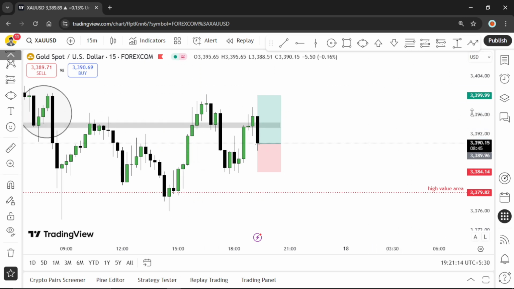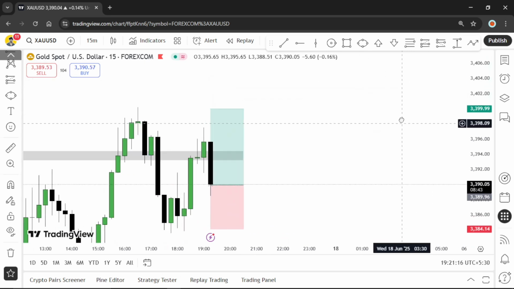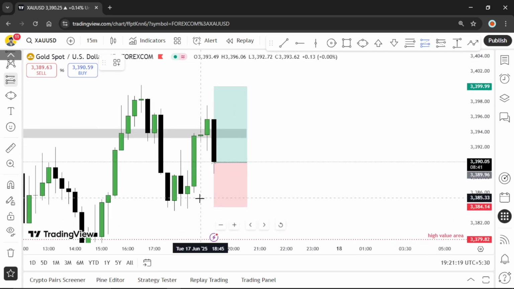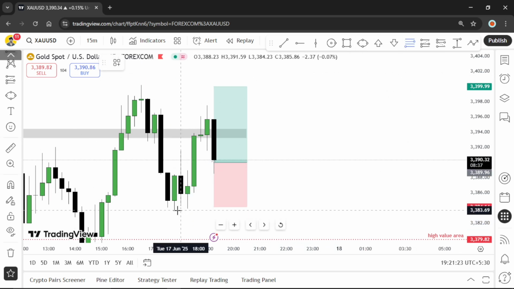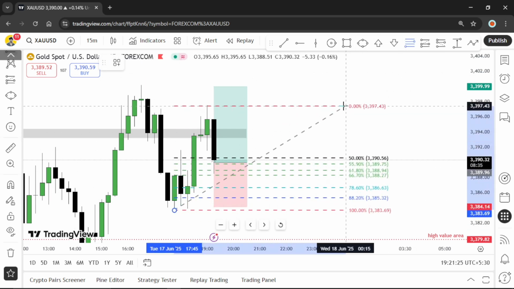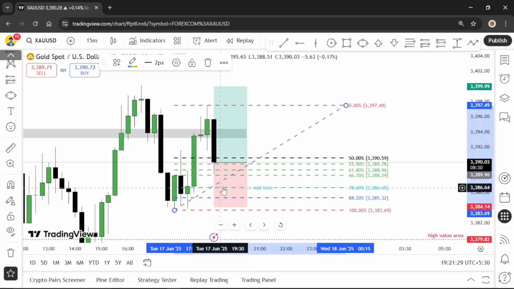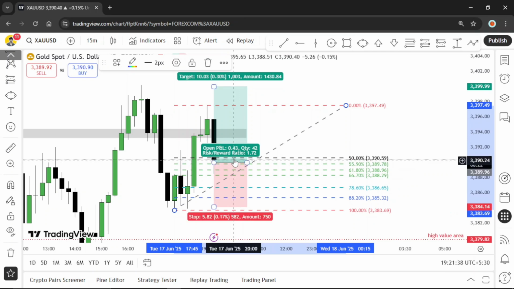I am drawing the fib area from here to here. The market came up to this FVG. If the market is going to the upside, there is a potential chance it has to come up to this level and then go upside. But I entered the market from here. We can see the result in the next video.